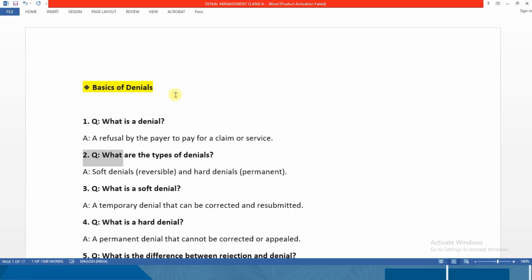What are the types of denials? We have two types of denials, soft denials and hard denials. Soft denials are reversible and hard denials are permanent. If we have soft denials, these are reversible, meaning we can appeal with the payer. Hard denials are permanent, we can't appeal with the payer.